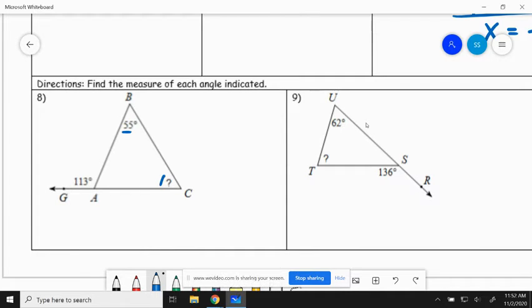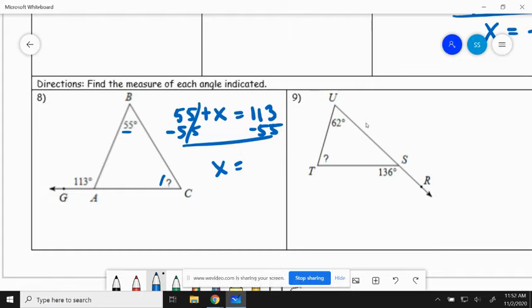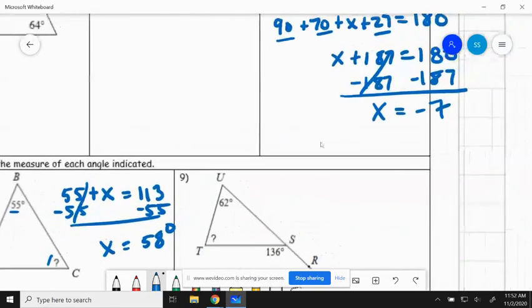So all we need to do here is just 55 plus x is equal to 113. And all we have to do is subtract 55 on both sides, and you're left with x is equal to 58 degrees. All right, moving on.